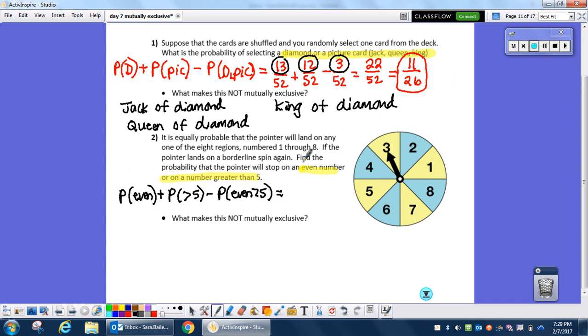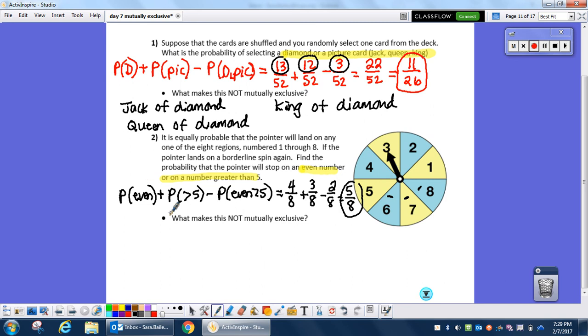So, probability of an even number. Well, there's 8 total numbers, so half of them are even, plus the probability of a number greater than 5. Can't include 5, so there's 3 of those. So here's the numbers that are greater than 5, and 2 of them are even, so you have to take those out, and we simplify to 5 over 8.